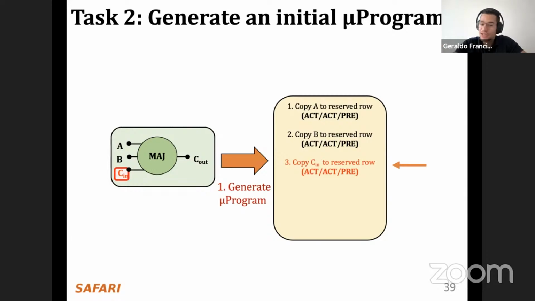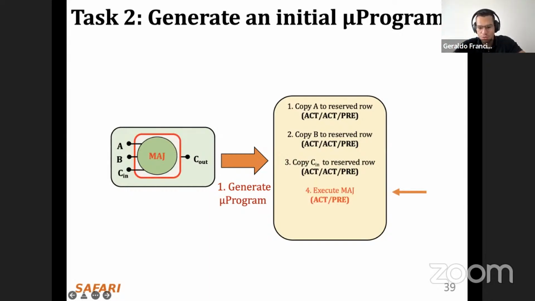After all of the inputs have been copied from the data rows to the compute rows, we can execute the majority operation by issuing a triple row activation to those 3 specific rows.